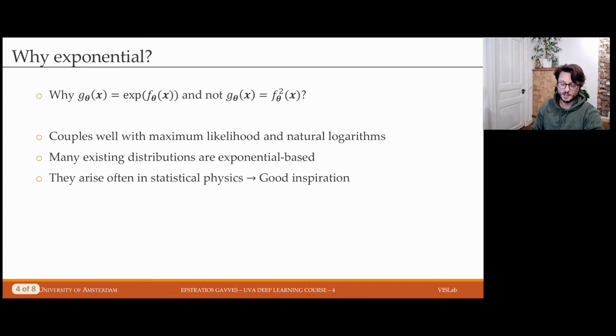So why do we pick exponential and not, for instance, squared function? Well, there are a couple of reasons. First, the exponential couples well with maximum likelihood and natural logarithm learning. So log of p cancels each other. It becomes convenient when our p is basically exponential, right? The exponential cancels with the logarithm.